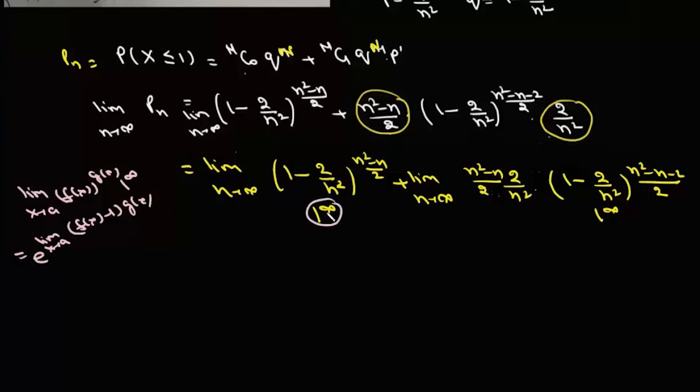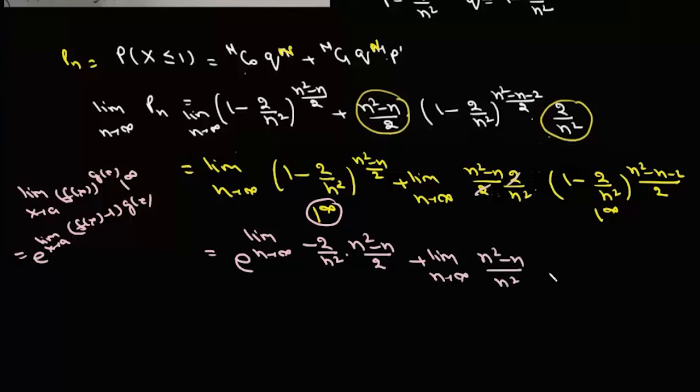Since it is of the form 1 to the power infinity, we can write this as e to the power of the limit as n tends to infinity of f(x) minus 1, which is minus 2 upon n square, and then n(n minus 1) by 2, plus the limit as n tends to infinity. Now here 2 will cancel, it will be n(n minus 1) upon n square, and we can write this as e to the power of the limit as n tends to infinity.